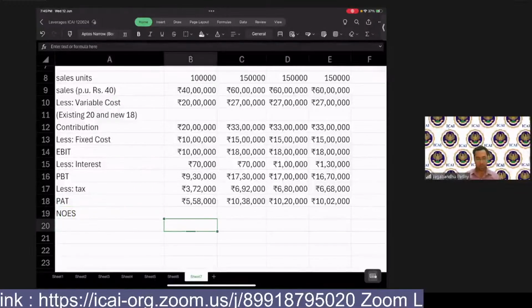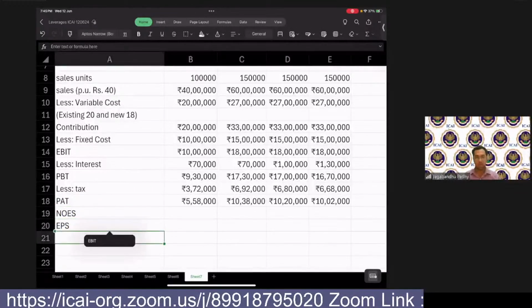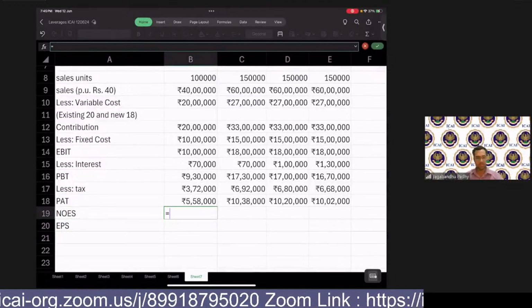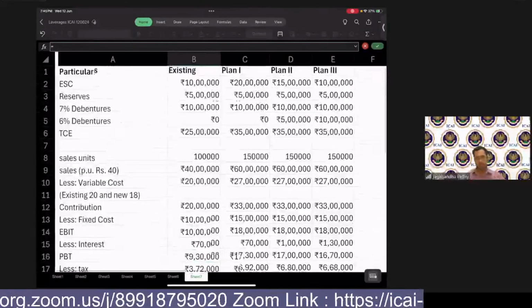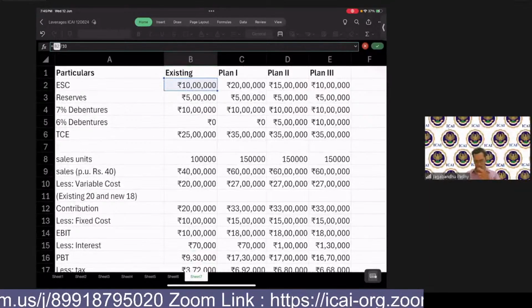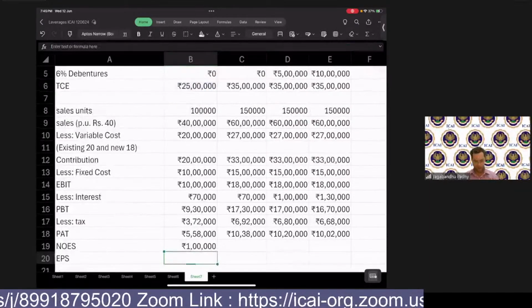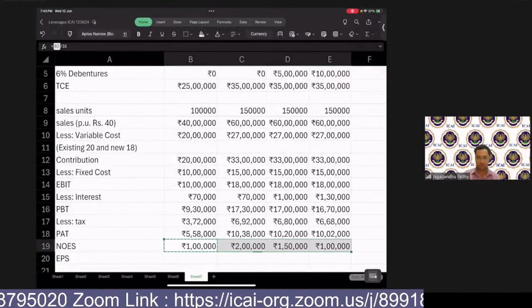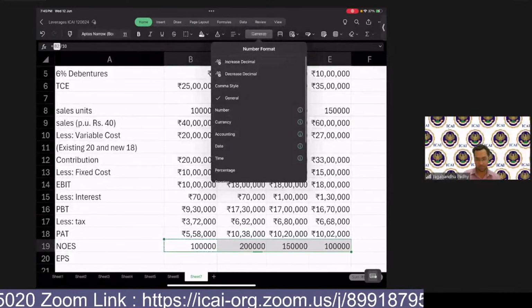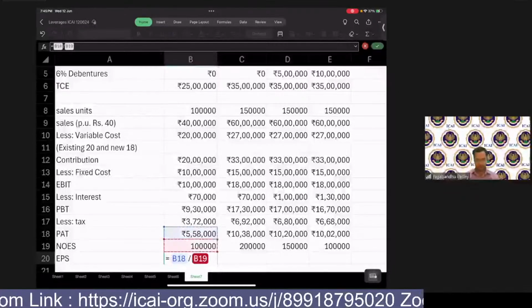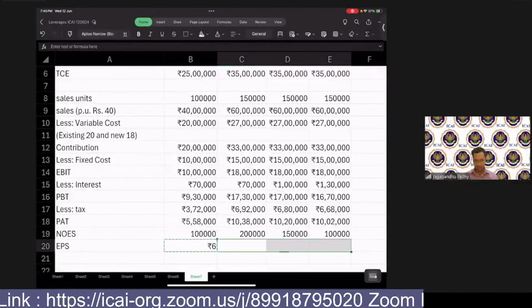Now let us calculate the EPS portion also by considering the number of equity shares. The number of equity shares will be derived from the equity share capital. Just divide the equity share capital by 10 to arrive at the number of equity shares. Then EPS is PAT divided by the number of shares.